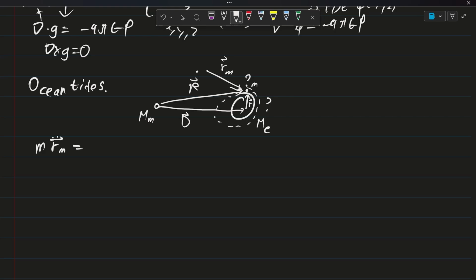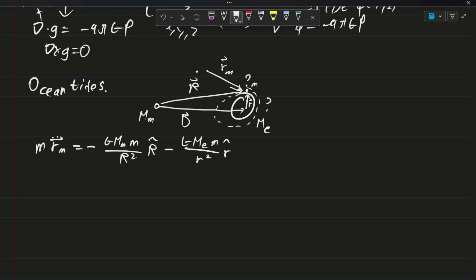This equals negative G, the mass of the moon multiplied by the mass of the object, divided by r squared in the r hat direction, and also negative G, the mass of the Earth and the mass of the object divided by small r squared, like so.